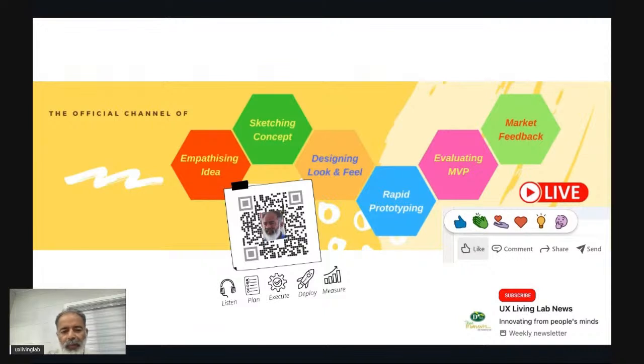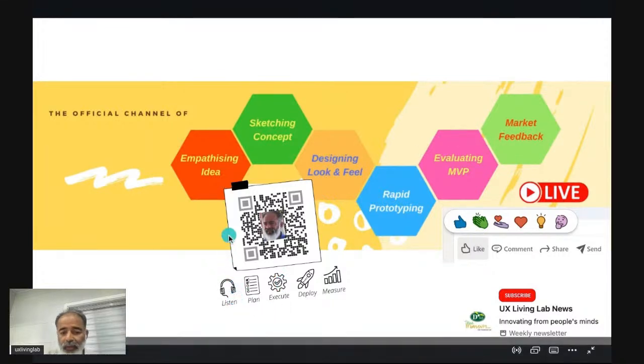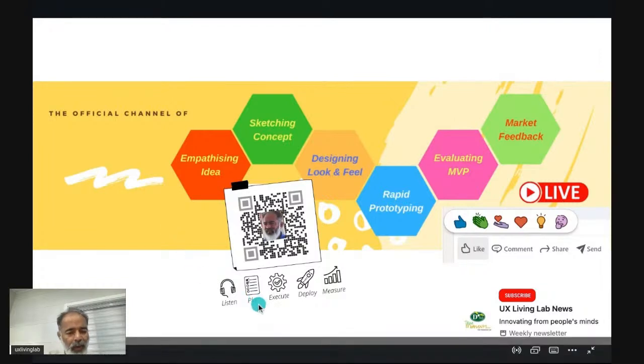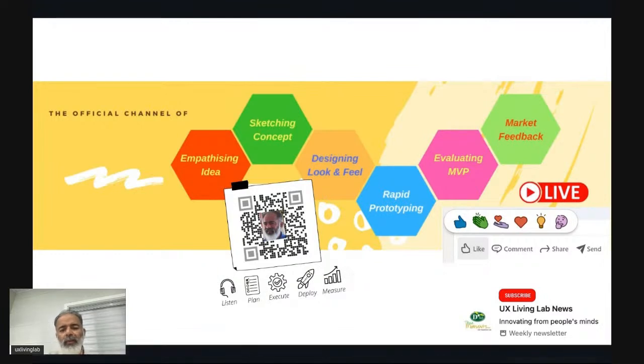In this journey, we support your innovation team or R&D team by listening to the targeted market or users, planning the research, executing the research, and deploying the reports and strategies, then measuring the outcome after you launch. So in all stages of the innovation journey, we support our clients with user insights. That's what we do.